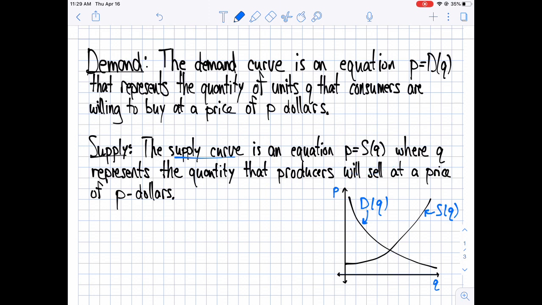And so here we're going to look at the quantity that producers will sell at a given price P dollars, and typically when you're looking at your supply curve, from left to right, your supply curve is going to be increasing, because naturally as the price goes up, the amount that people are willing to produce and sell at that price is going to be increasing. Okay, so those are those two concepts in our definitions for demand and supply curves. Now let's take a look at the equilibrium point that we saw in the first example.